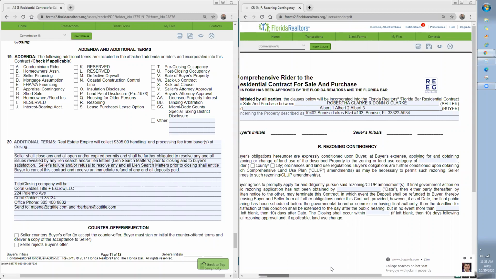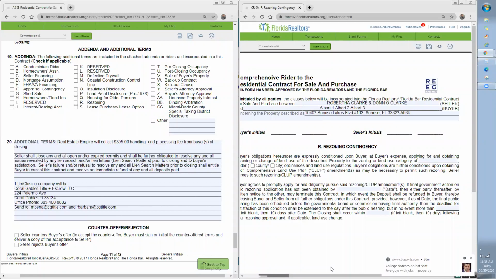And if not, I want to be able to rezone it into residential or duplex or multifamily. And if the city says, unfortunately, you cannot do that, then this contingency allows the buyer to say, I no longer want this contract. Please return my money to me and I'm out of the contract.